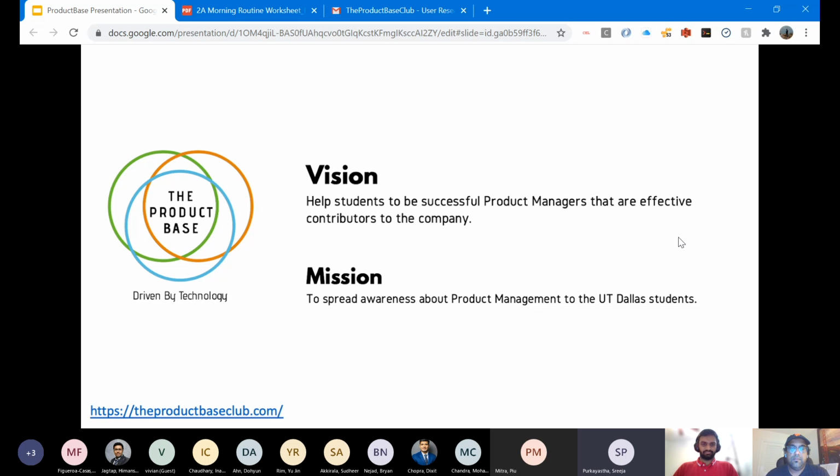And how do we go about doing this? We connect with different product managers from different organizations who have different perspectives on what it is to be a product manager. This is essentially who we are and what we do. So we welcome you to this event, and we hope this helps you become a better product manager.